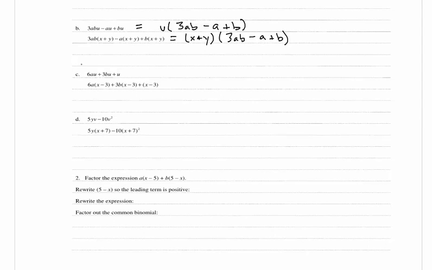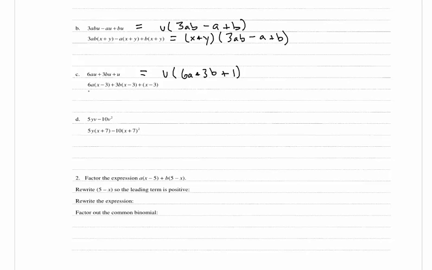In c, we have 6au + 3bu + u, and our common factor is u, and we're left with 6a + 3b + 1. Remember, u divided by u is 1.